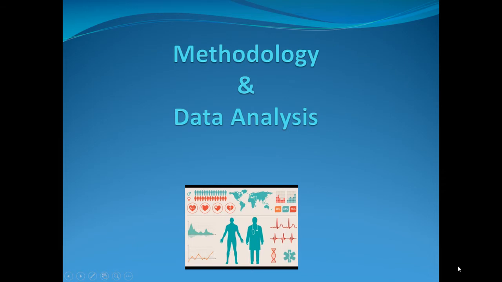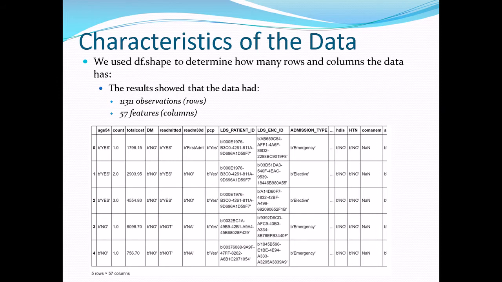Next, let's look into the methods and data analysis we applied in this presentation. First, starting with the characteristics of data. Our data has roughly around 11,000 observations and 57 features. We used a Pandas data frame to analyze the initial data.